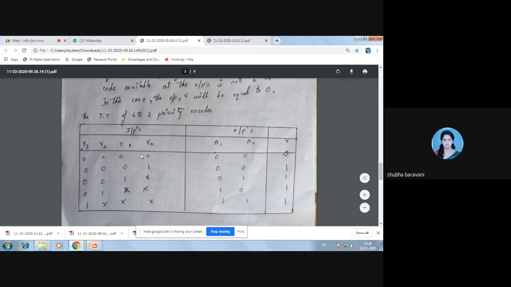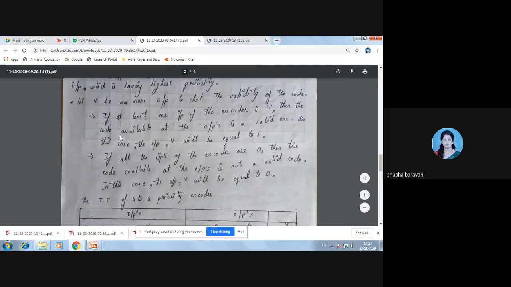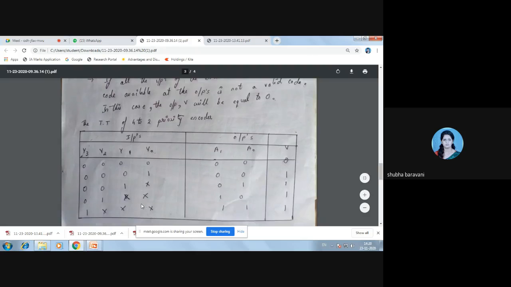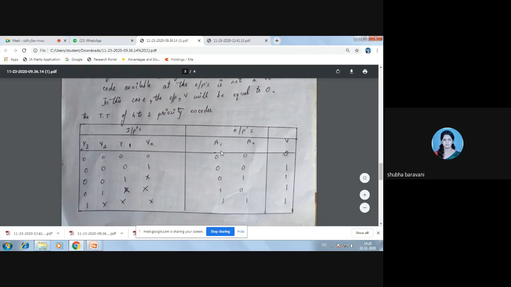See, if all four inputs are 0, what is said? If all the inputs of the encoder are 0, then the code is invalid, and your V will be 0. A0, A1 will be 0 and V will be 0. It means it is not a valid code.